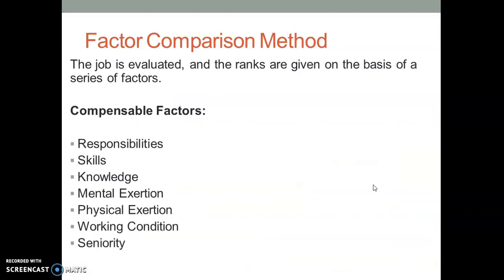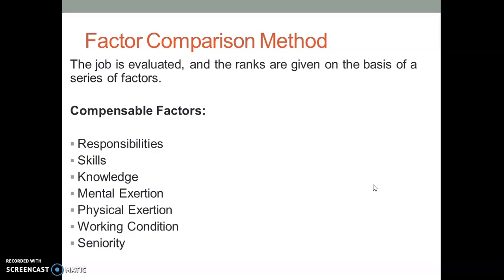comparison method. Now with the factor comparison method, we first identify certain factors which are responsible for any compensation package to be decided. When we identify these factors being evaluated for each job profile, accordingly the worth of any job is estimated.